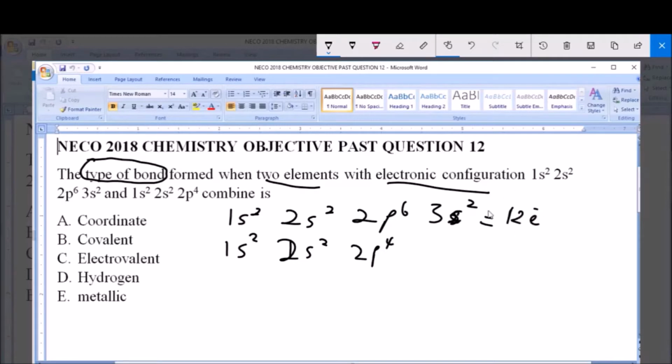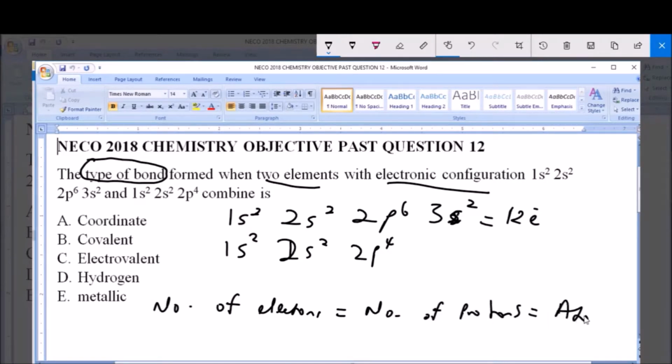The number of electrons is equal to the number of protons, and the number of protons is equal to the atomic number. So if an element has 12 electrons, it has 12 protons, and its atomic number is 12, and atomic number 12 is magnesium.